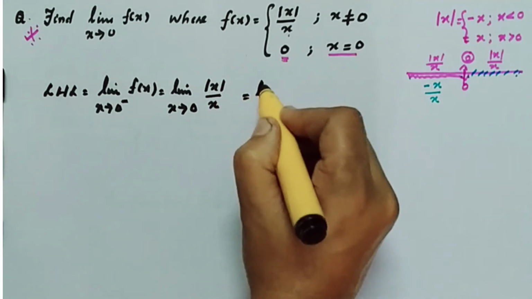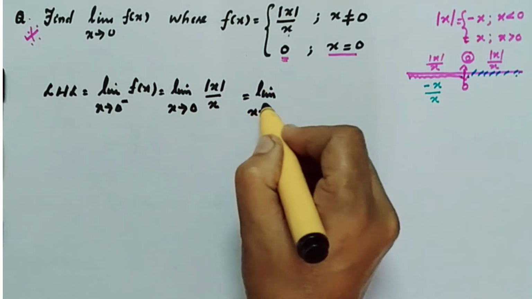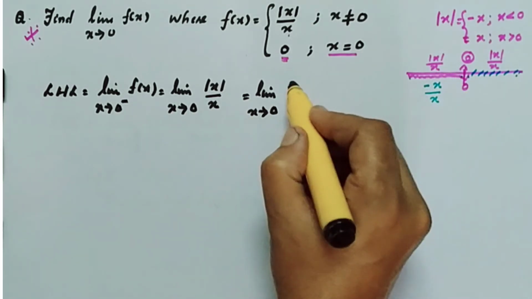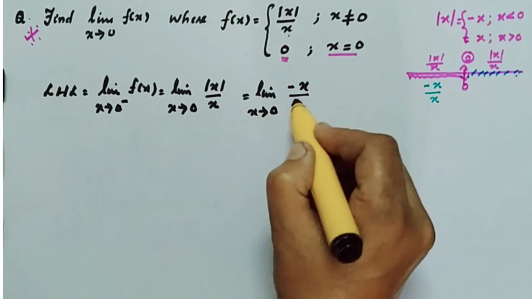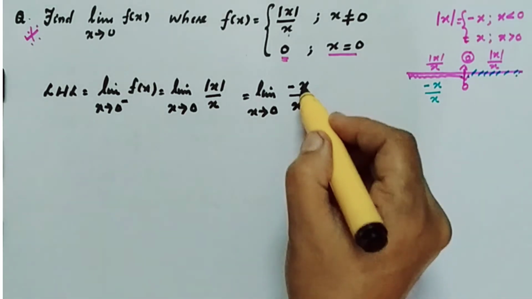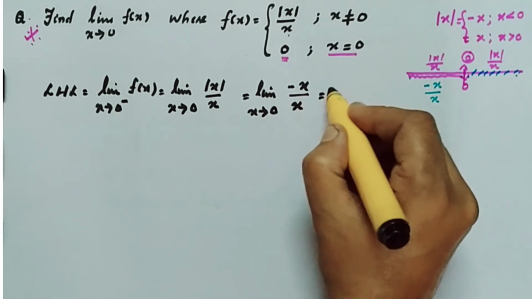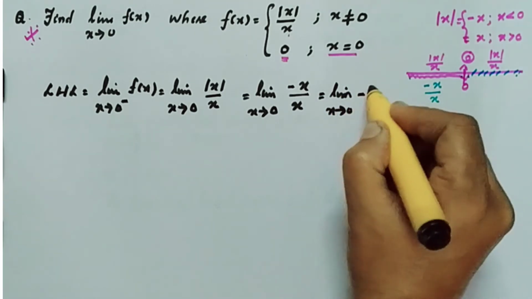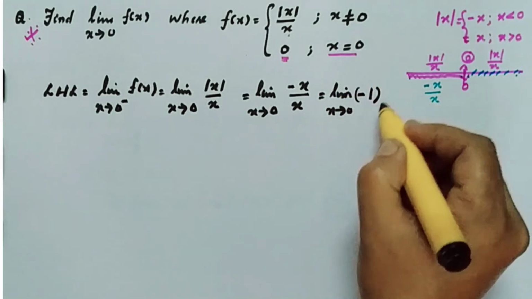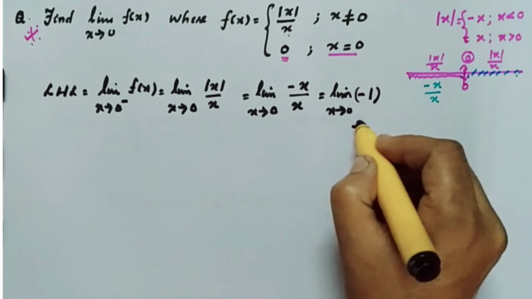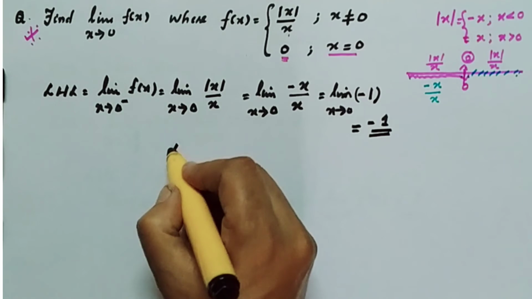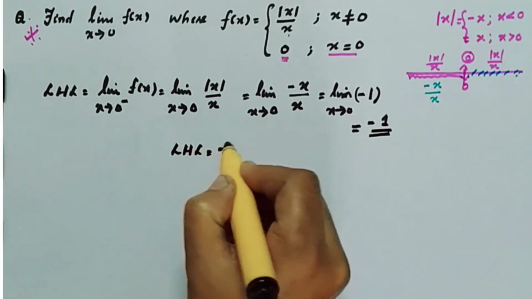That will be equal to limit x tends to 0 of minus x divided by x, since x is less than 0. This x gets cancelled, which is equal to limit x tends to 0 of minus 1. Minus 1 is a constant and can be taken out of the limit, so the answer is minus 1. Thus you got the LHL as minus 1.